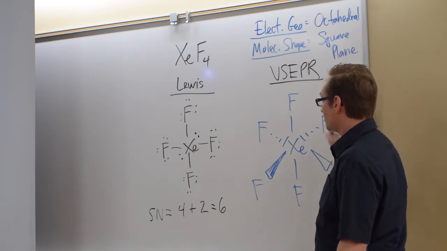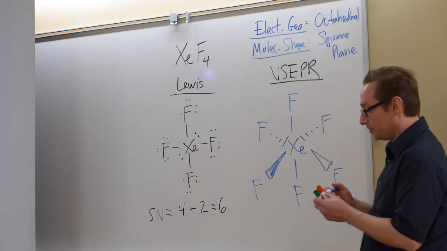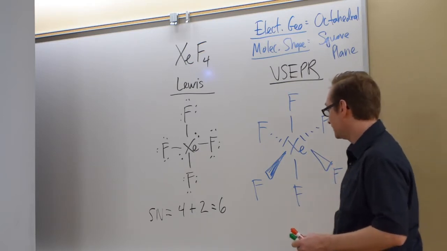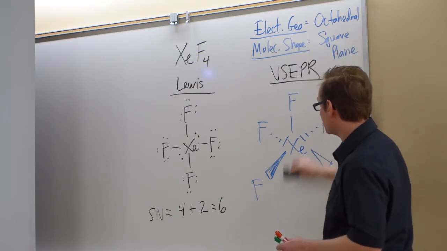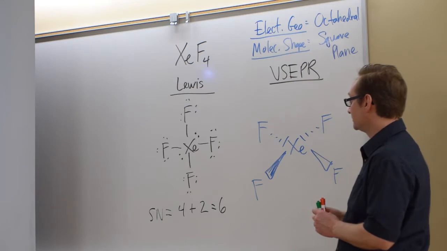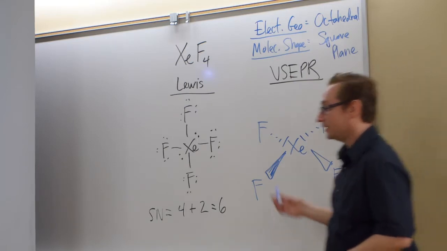So how do we draw a square plane from this? Where do the lone pairs go? They go on the axial positions now. So now we're going to take off this axial position and that one, and there's our square plane. Why do they call it a square plane?